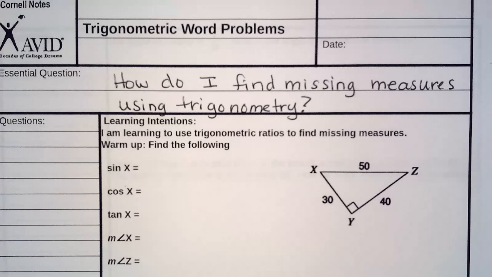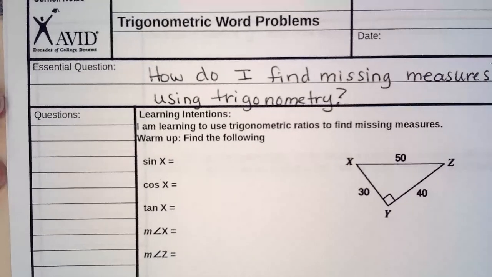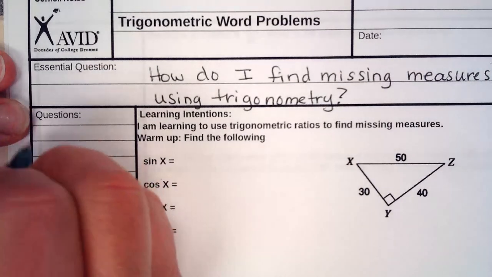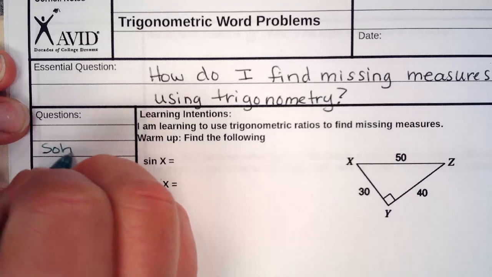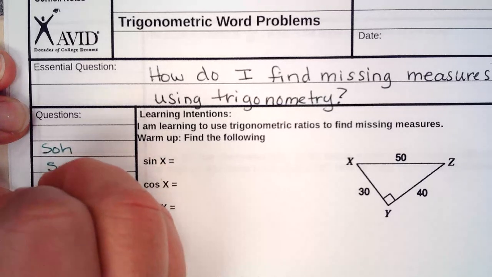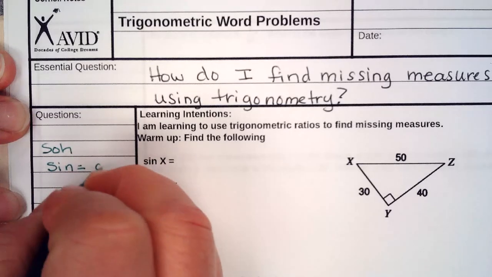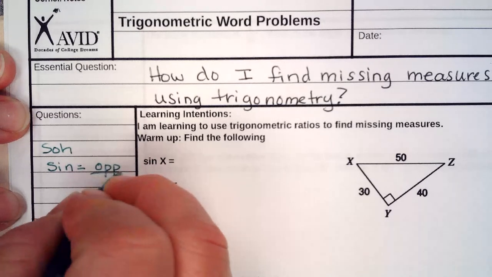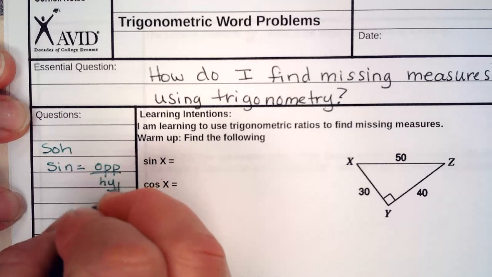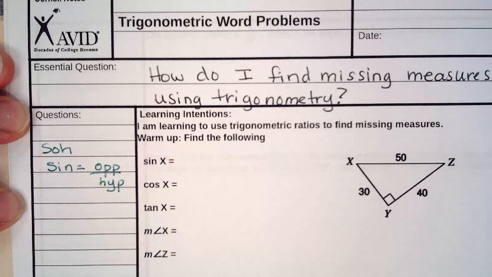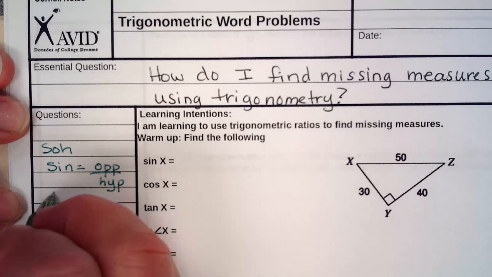Well, I hope you tried. Remember, when using trigonometry, that SOHCAHTOA song. So SOH means sine is the opposite divided by the hypotenuse. CAH, cosine.